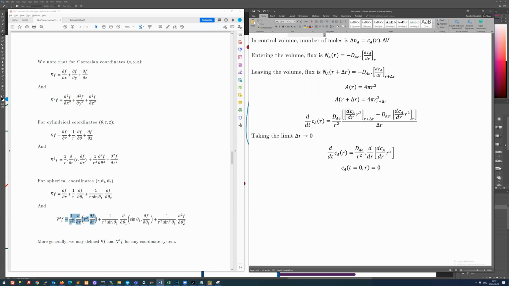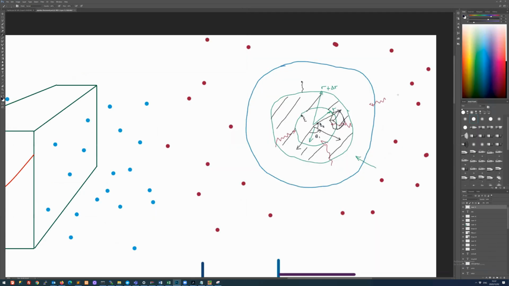Then let's think about the center of the particle. If you think about this particle, at the center we expect that the gradients will be the same in all directions. Let's draw a new one. If you were to draw a line through this, if you were to draw a concentration gradient here, I haven't drawn it well, but you can imagine it's quite symmetrical.